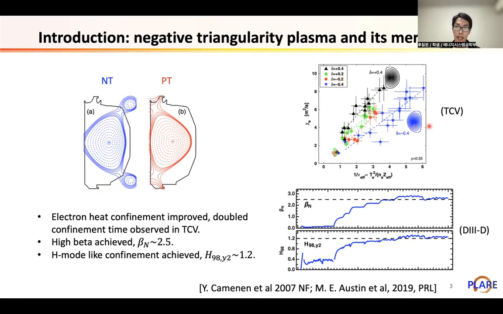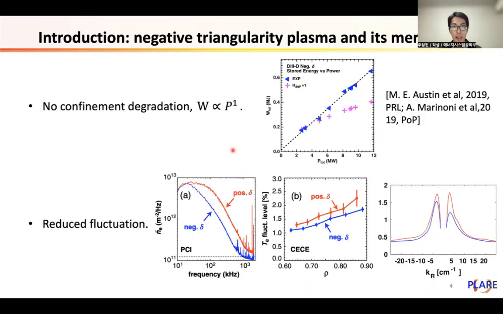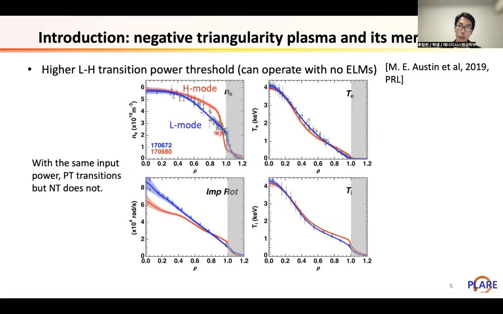The TCV Tokamak has reported enhanced electron heat confinement, and recent D3D experiments have shown high beta and high confinement time operations. Other merits include no confinement degradation, reduced fluctuation, and a high LH transition power threshold.